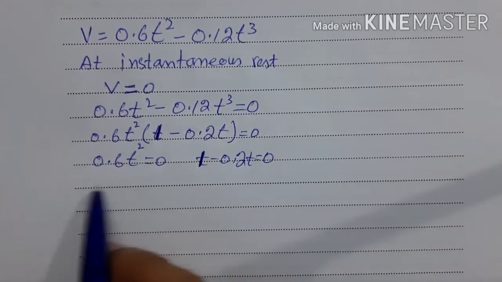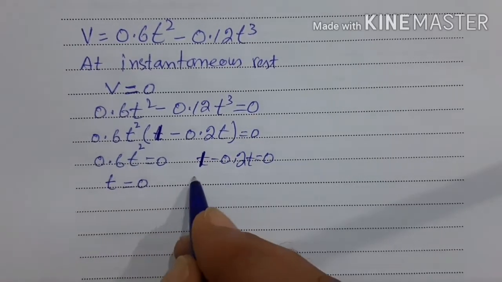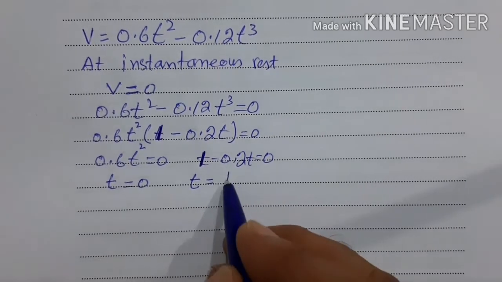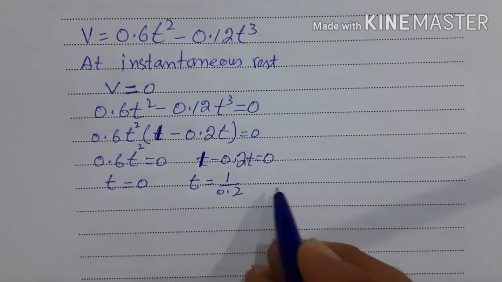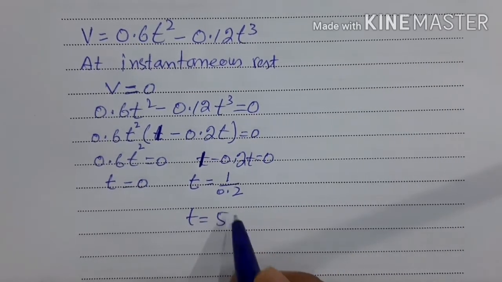This will give me t is equal to 0, and this will give me t is equal to 1 over 0.2, which is t is equal to 5 seconds.